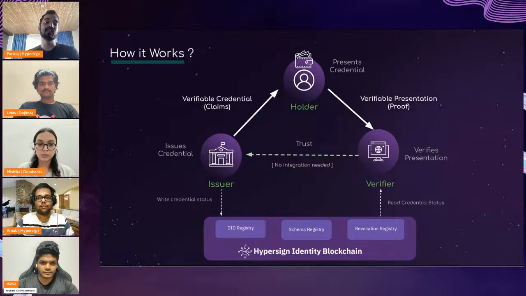Let me first explain how it looks in a traditional or existing stack. In any engagement you do online, there are always three parties involved: an issuer of the identity, a holder of the identity, and a verifier.